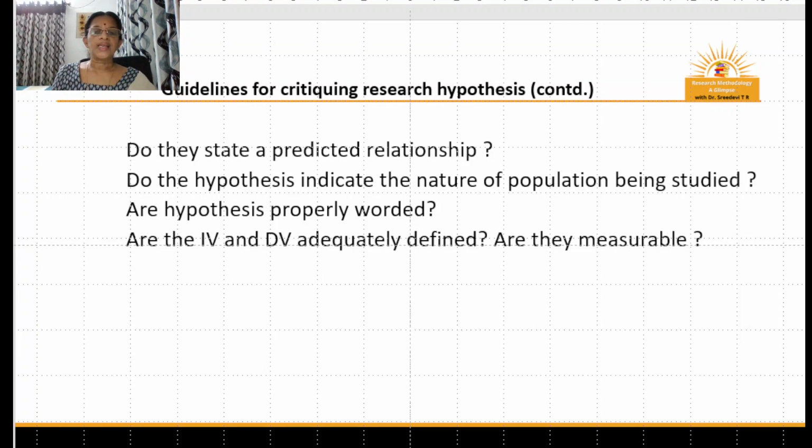Are the independent and dependent variables adequately defined? Are they measurable? So, whether these variables are defined, conceptual definition as well as operational definition. If we have these guidelines or the checklist with us, we will be able to state a proper hypothesis.